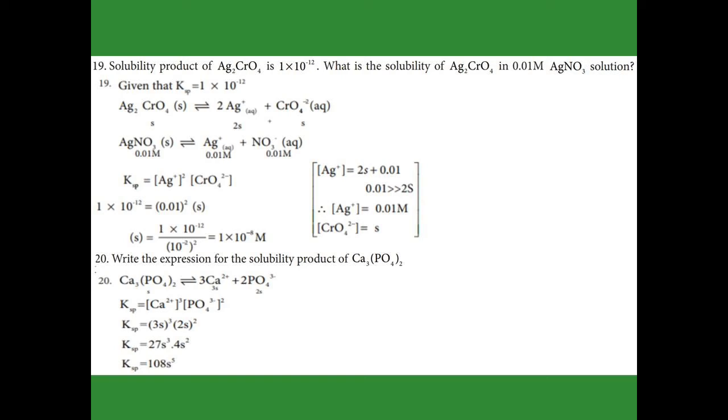Now the solubility product is equal to the concentration of calcium 2 plus, how many moles are present? 3 moles, so in the power we put 3, and phosphate PO4 3 minus, how many moles? 2 moles, so in the power we put 2. Then calcium 2 plus is (3S) to the power of 3, phosphate 2 moles, so (2S) to the power of 2. After calculating we get the solubility product equal to 108 S to the power of 5.